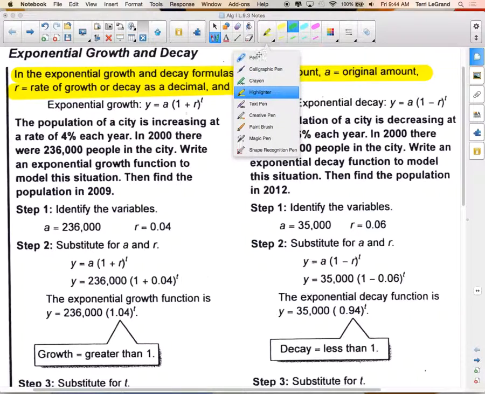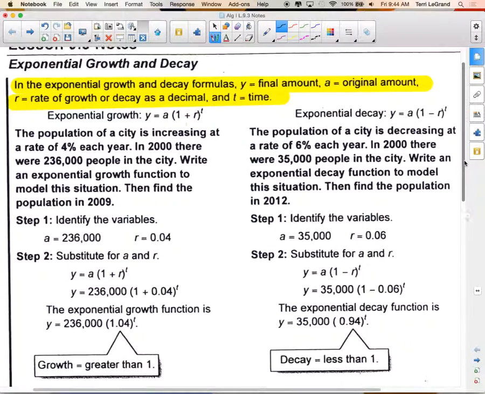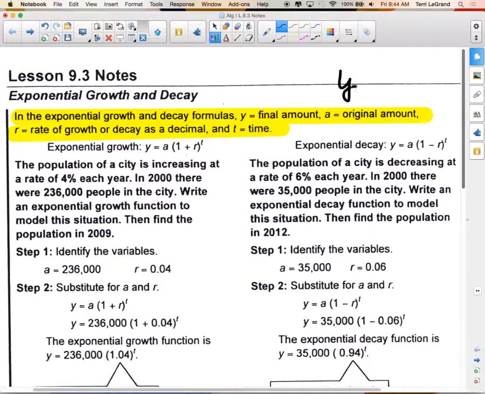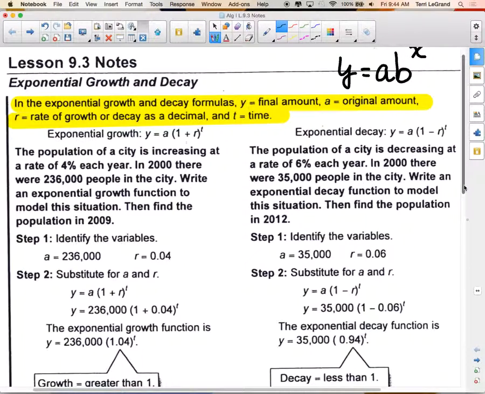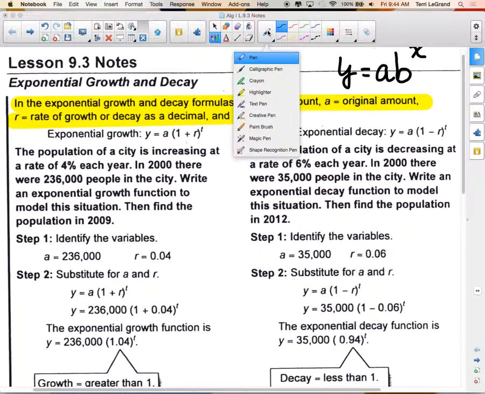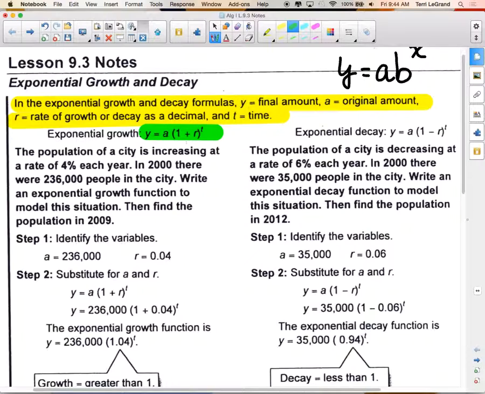Basically, the things that are different kind of replace the b value in our model. Let's write our model up here. Our exponential model really goes like this: y equals a times b to the x power. We're not really veering away from that. We're just now using it for particular things. So in our y equals a times 1 plus r raised to the t power, that's our exponential growth one.